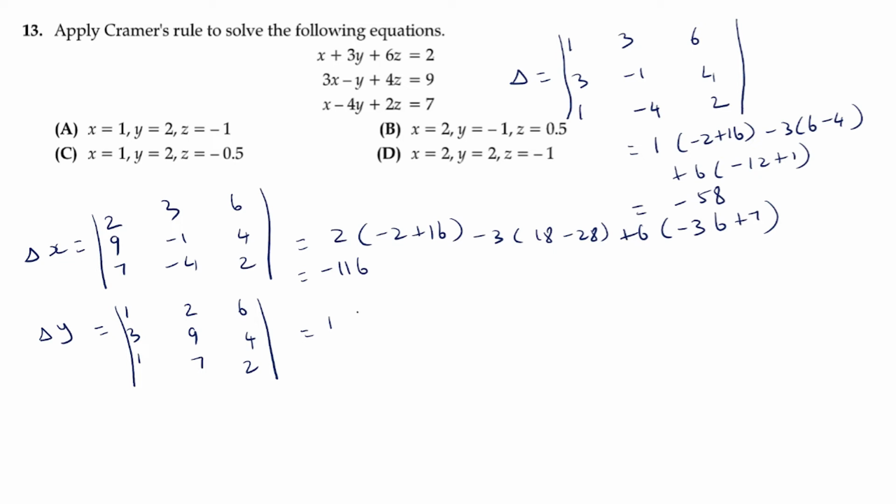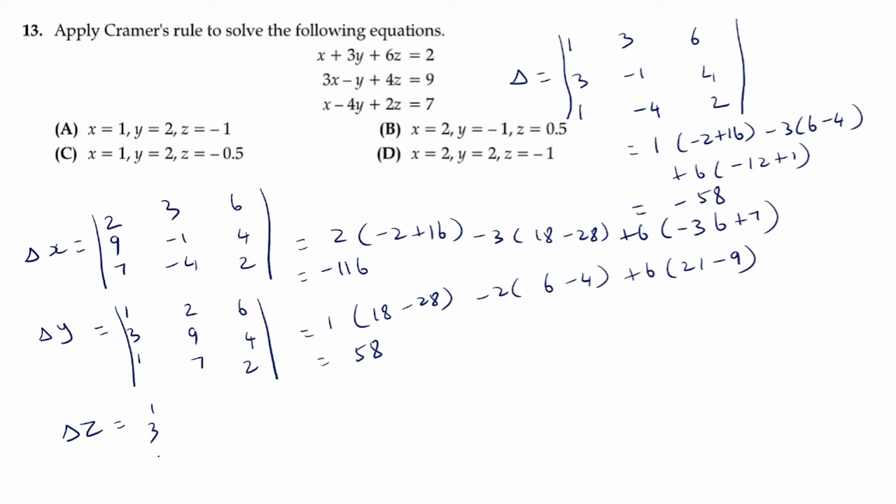Again expanding along R1, so it is 1 into 18 minus 28 minus 2 into 6 minus 4 plus 6 into 21 minus 9. So this on simplification we get it is equal to 58. Then delta z is equal to, in place of the coefficient of z we need to substitute the constant terms.